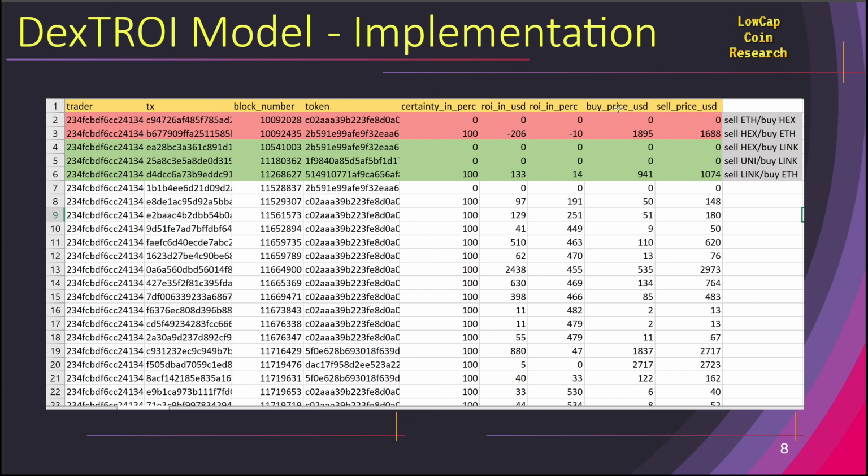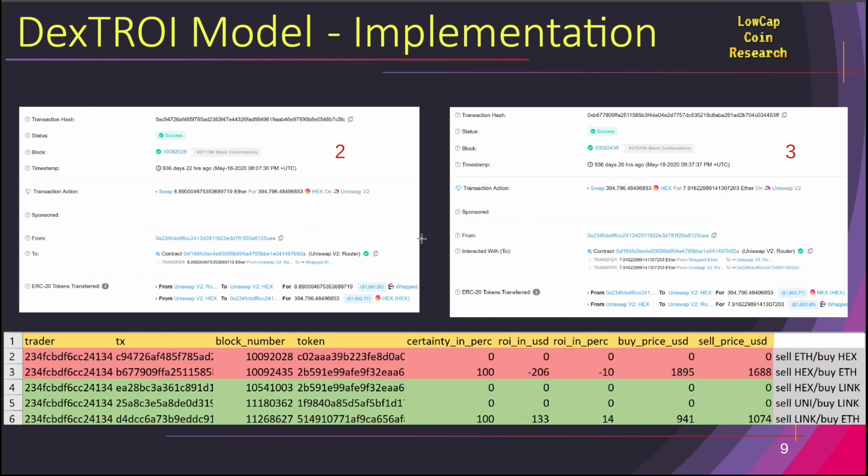Now I want to show you how the first 5 transactions were calculated. On each picture you can see a number that shows which picture corresponds to which transaction. So here we have row number 2.